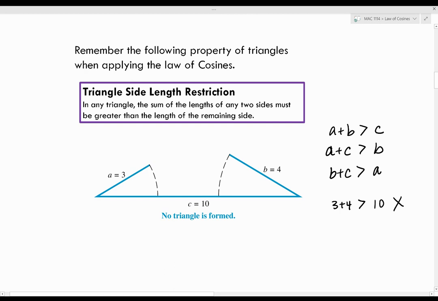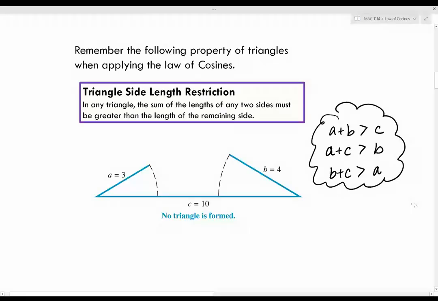If we had done A plus C, that would have been 13, and 13 is greater than 4. That one would have been okay, but it failed one of them. Your triangle must pass each one of these inequalities. The sum of two sides must always be greater than the remaining side. If it isn't, then automatically you have no triangle.